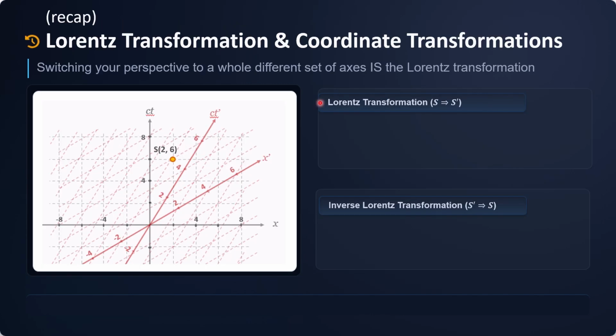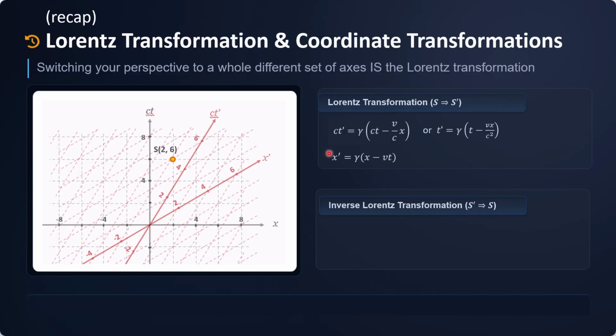Now, we're going to use the exact Lorentz transformation equations to convert coordinates between reference frames. Lorentz transformation might sound like an intimidating boss name, but look at the slide summary. Switching your perspective to a whole different set of axes is the Lorentz transformation. Whether you read the scale visually off our map or calculate it with equations, the result is 100% identical.